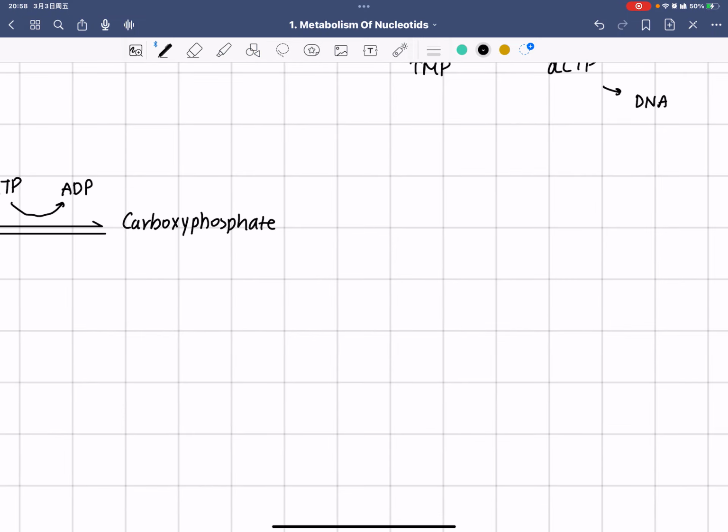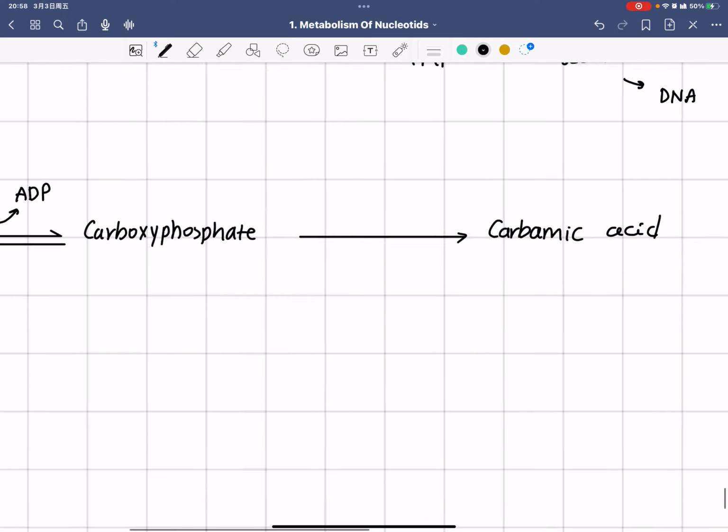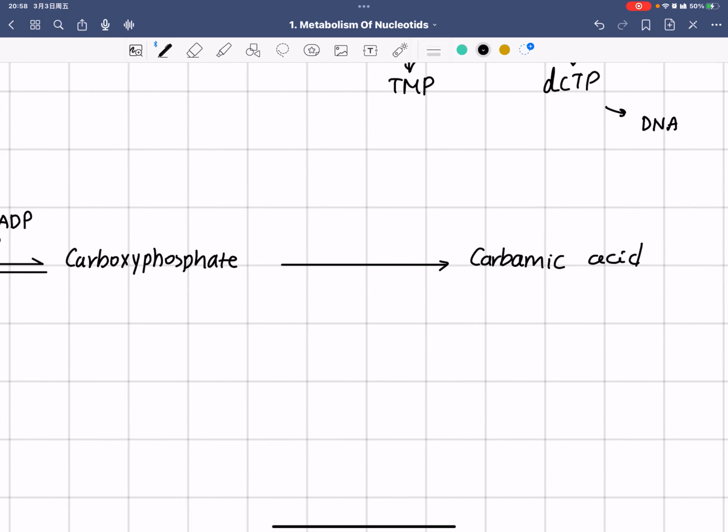And then from this carboxy phosphate, we transform it into carbamic acid. What a weird name. Well, how do you transform it into carbamic acid? As we all have the carboxy group part, we then need to add an amino group to form carbamic acid. And where did this amino group come from?